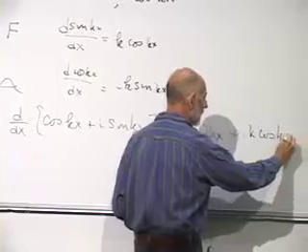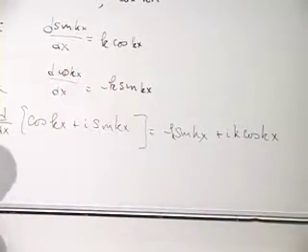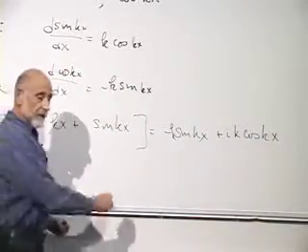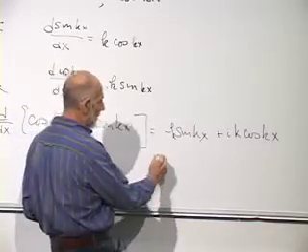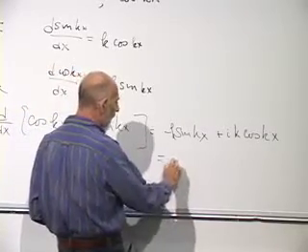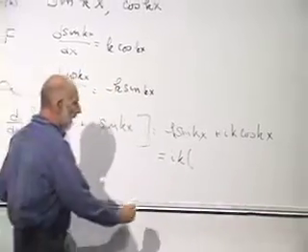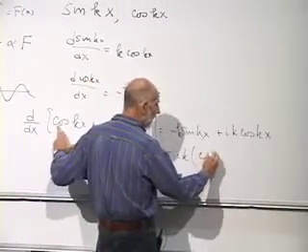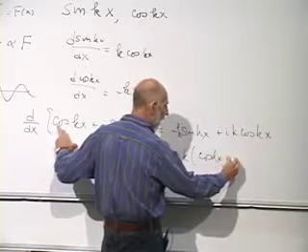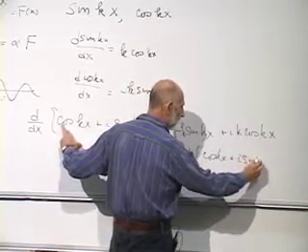Did I do it correctly now? I think I did. Just spend a couple of minutes doing the algebra: i times k times the original thing back again, cosine kx plus i sine of kx.